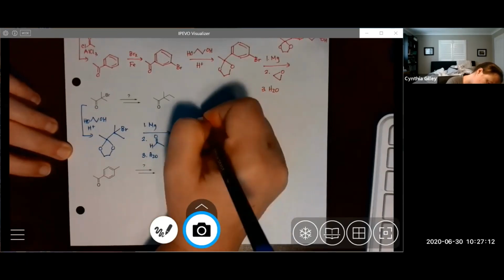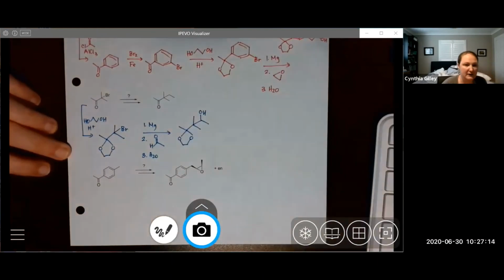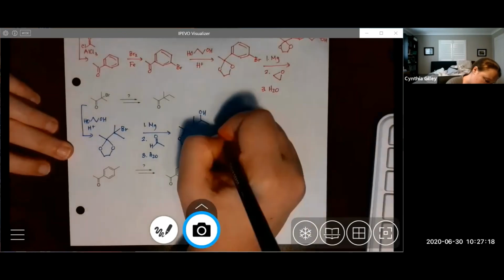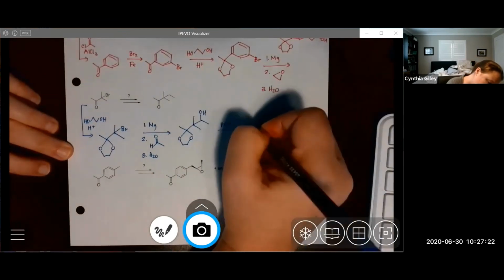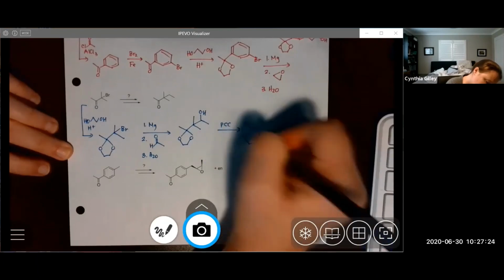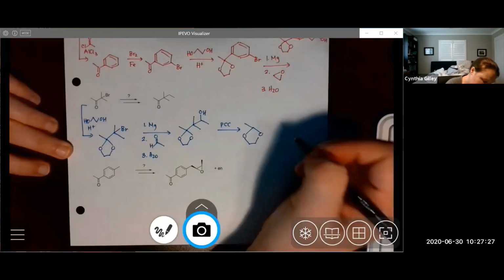We initially get an alcohol here, so we're going to have to get rid of that. So we are going to oxidize with PCC, and one of the reactions you learned in this chapter is the Wolff-Kishner reduction.